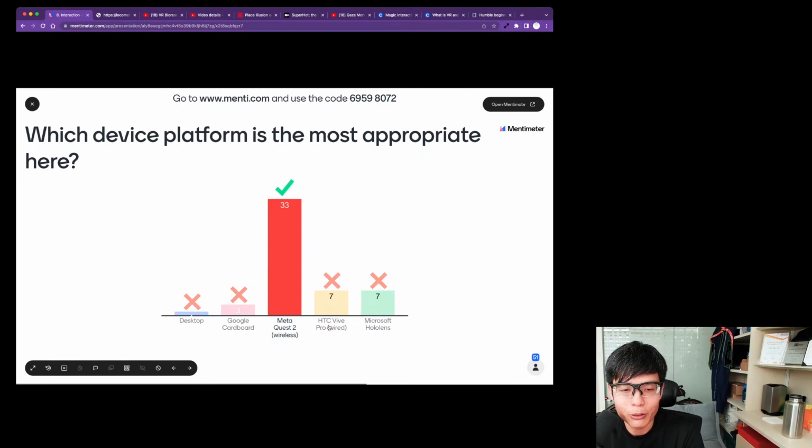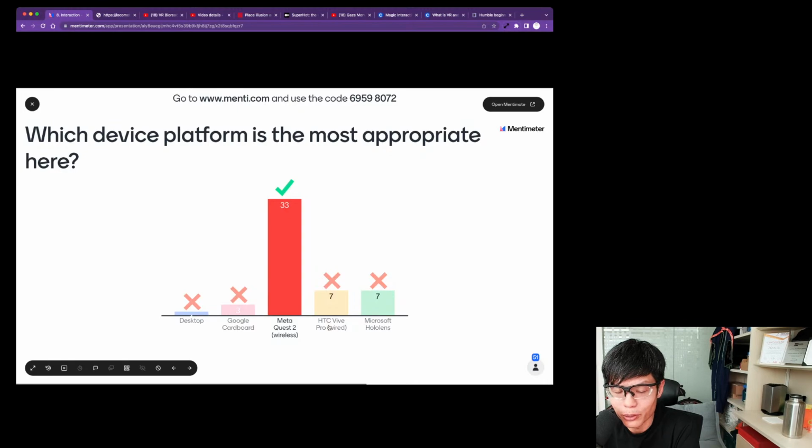You need an add-on, and that makes the whole thing very bulky with the wireless setup, and it doesn't work that well wirelessly. Whereas Meta Quest 2 is an all-in-one or standalone headset that is meant to be wireless. It can also be wired, but it is meant to be wireless. So therefore, it is the better choice since the space to move around is large. A life-size virtual aircraft, you want it to be wireless.